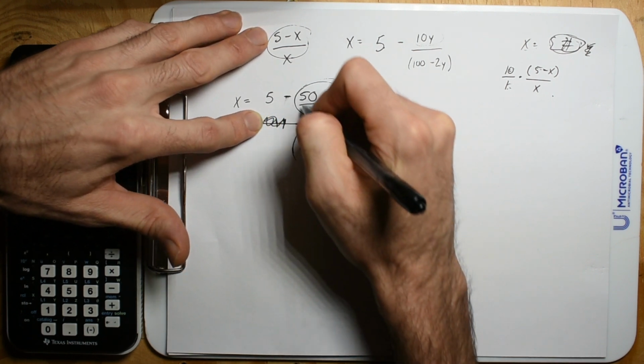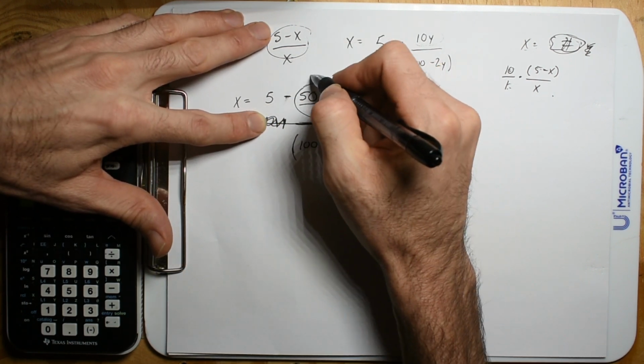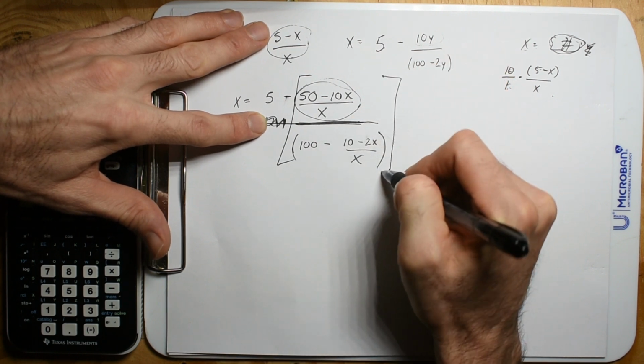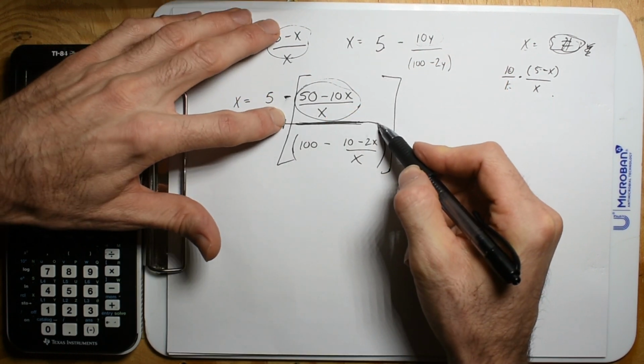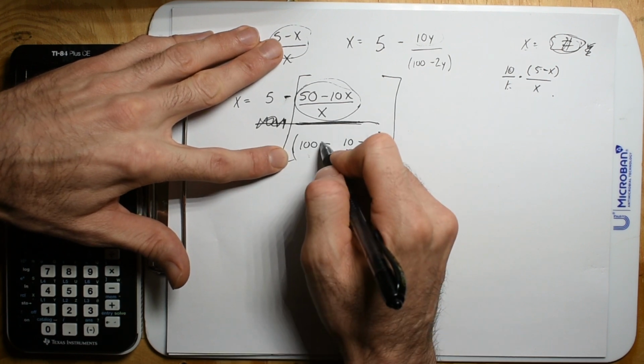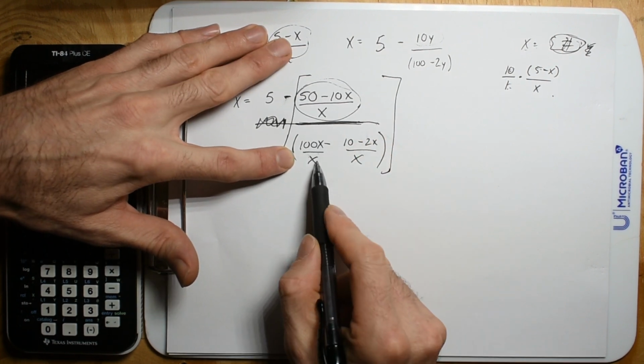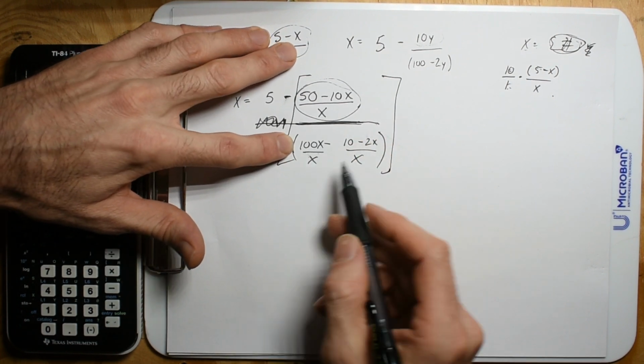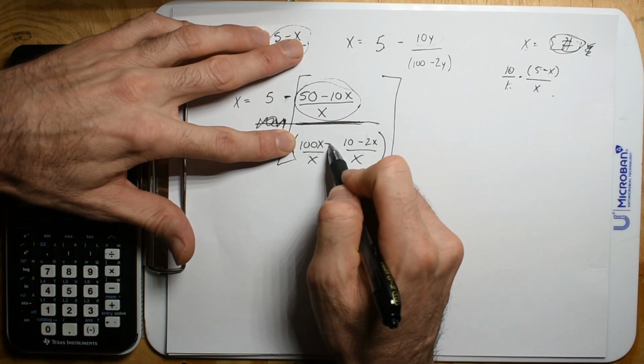So this is its own fraction. And these two terms, I can't add them together unless I multiply top and bottom by x. Now I can. Just be cautious, because this is a minus.